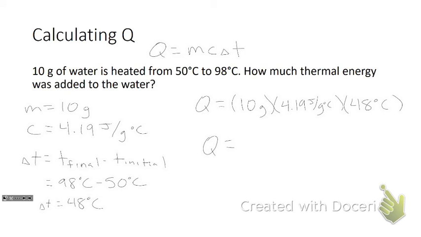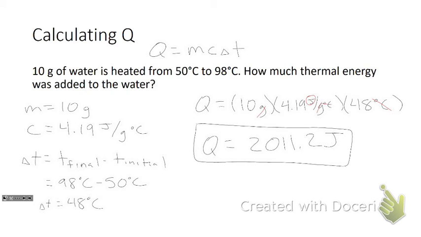So Q is equal to 2011.2 joules. When we do that, our grams cancel and our degrees Celsius also cancel, so we'll be left with joules. I'm fine if you leave it like this.